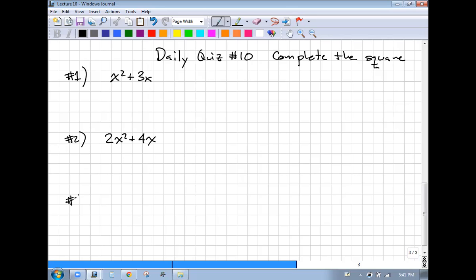I'm going to give you a third one. 3x squared plus 2x plus 1. So I won't throw any negatives in there to mess with you, all right? Let's do 3 problems today. And we'll take 10 minutes to be enough time. So 5:52. We will work on these together.